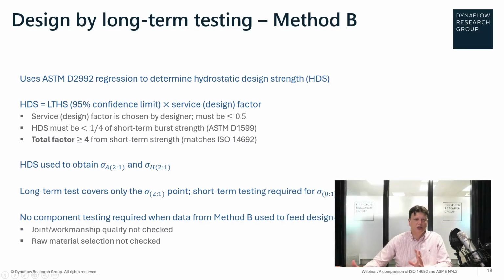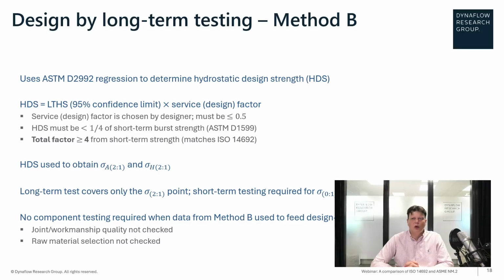So where we saw in ISO that there is this non-biaxial survival test, that is not considered in the ASME NM.2, and the long-term testing must be supplemented with another method. So either short-term testing or design by rules, or even design by stress analysis to get your envelope.